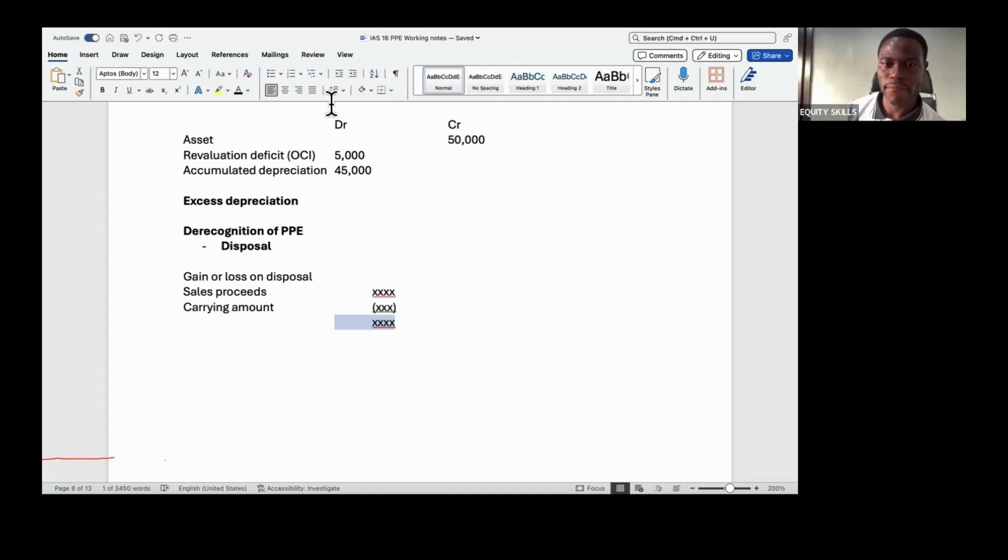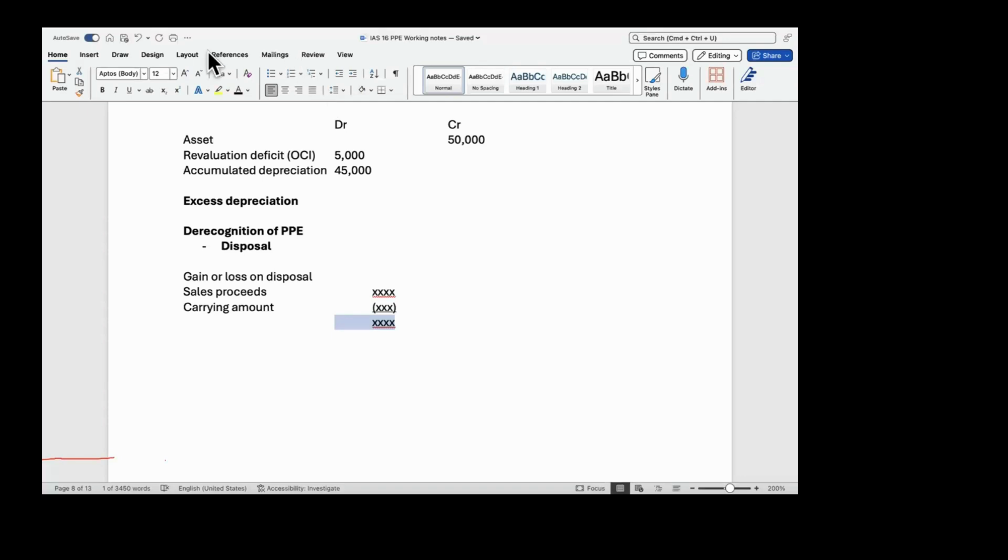Why? Because for us to dispose of an asset, we are making a gain or loss. We've already gained either the value. So it's not really that we are looking forward to it.